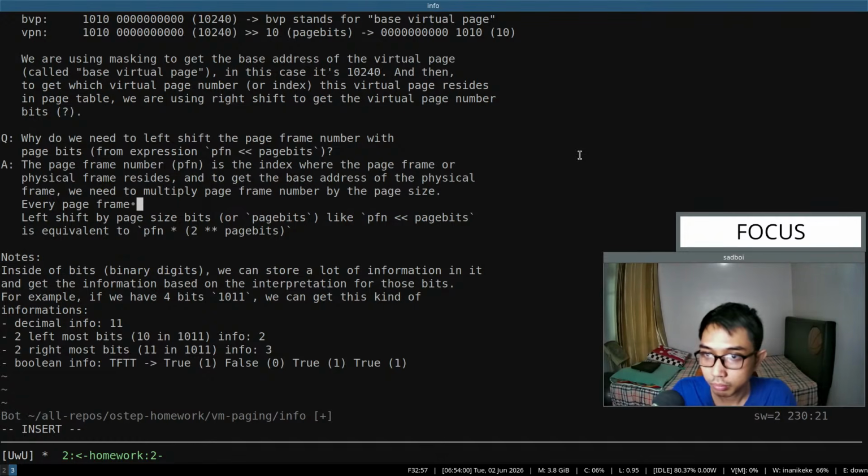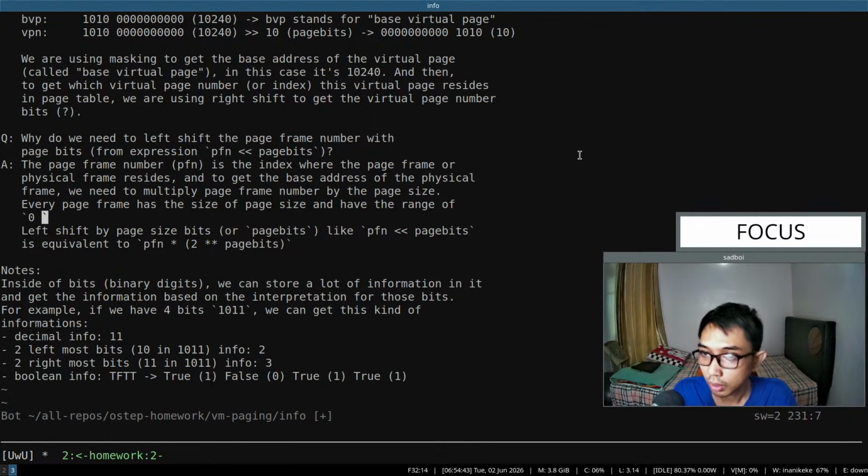Every page frame has the size of the page size and has the range of zero until page size minus 1, I guess.